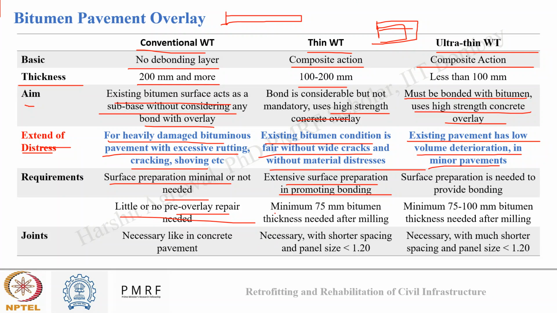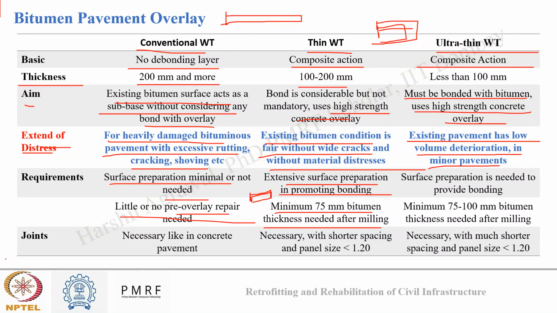Okay, here a minimum 75 bitumen thickness is needed after milling. So after preparing the surface, there should be a minimum of 75 bitumen thickness. Suppose I have a 50 bitumen thickness left after surface preparation, then I need to increase the thickness of the bitumen layer first till 75 and then I will use the concrete overlay.